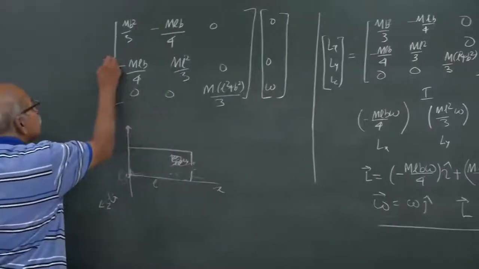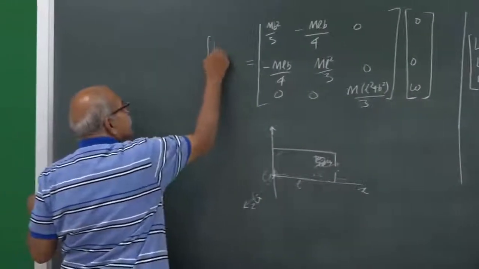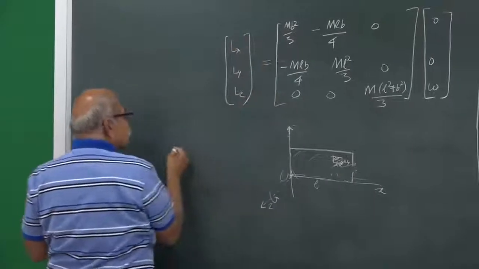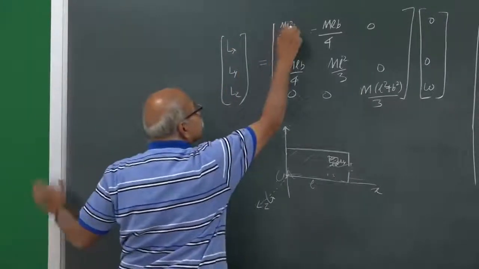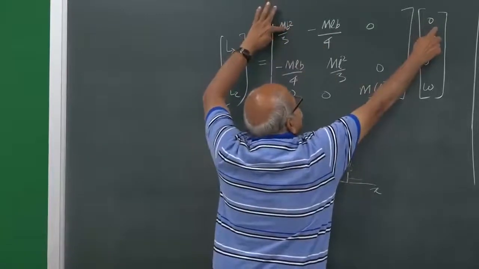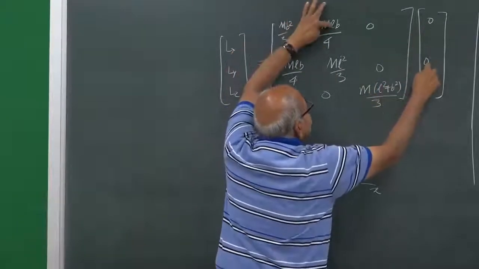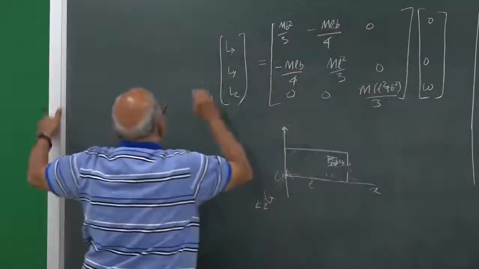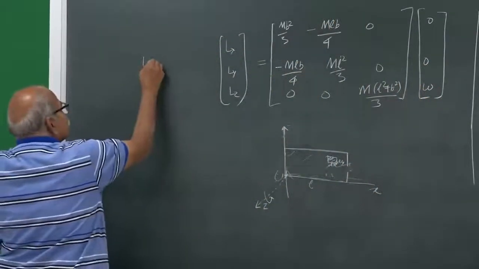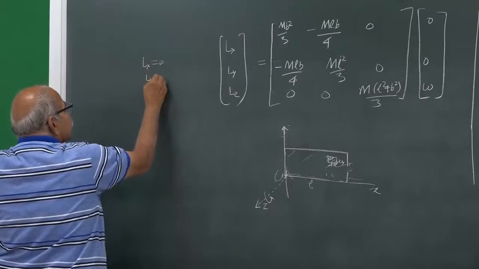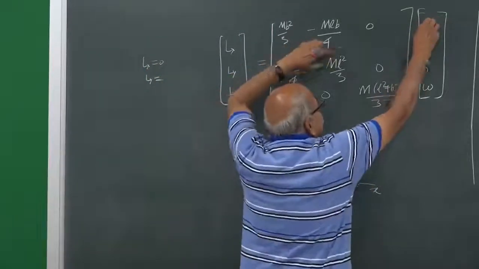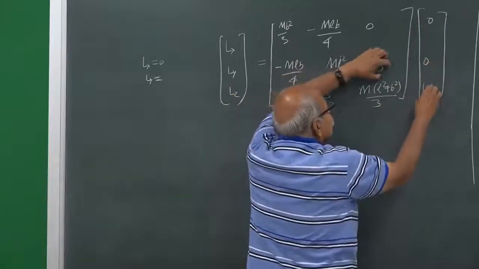So, see how much is this Lx, Ly, Lz. What is the x component? What is Lx? Lx is this into this 0, this into this 0, this into this 0. So, Lx is 0. Ly, so this into this 0, this into this 0, this into this 0.